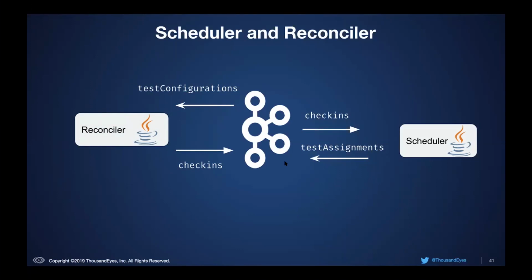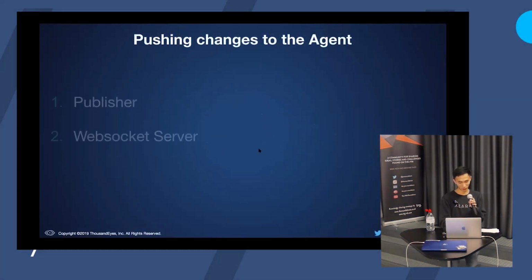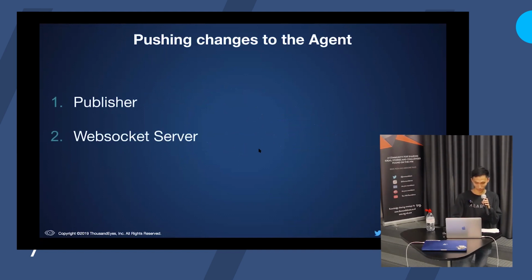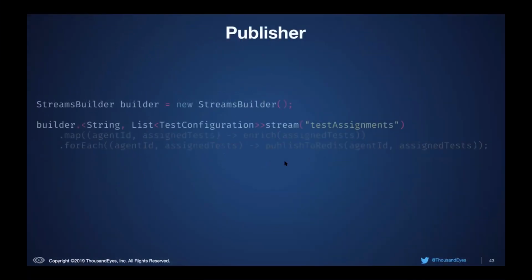But that's not enough, right? We still need to have a mechanism of pushing these messages to the agent itself. And so for that, we introduce 2 more microservices. We have a component called the publisher and the WebSocket server itself. The publisher is pretty simple. I'm going to go through this really quickly. It's another Kafka Streams application, surprise, surprise. This time, it's listening to the test assignments, which, if you recall, is the output of the scheduler.